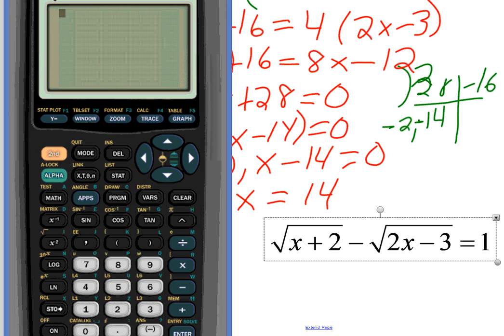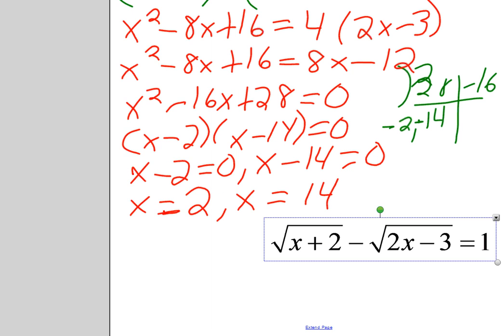So I've got the square root of 2 plus 2 minus the square root of 2 times 2 minus 3 equals... That's positive 1. The right-hand side of the equal sign is positive 1. So that means that 2 is a solution.